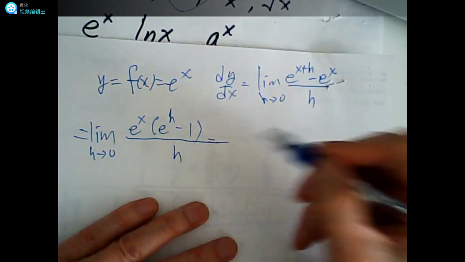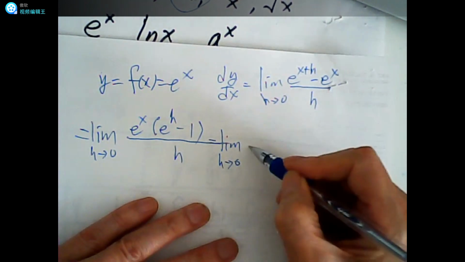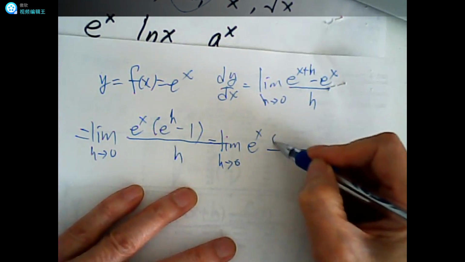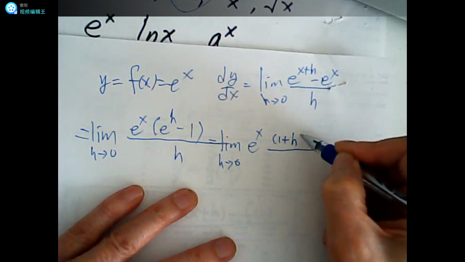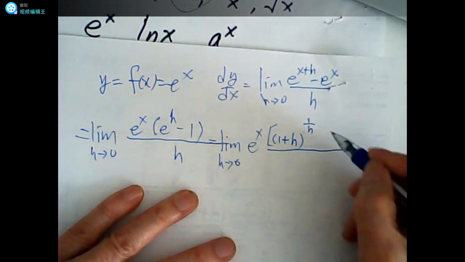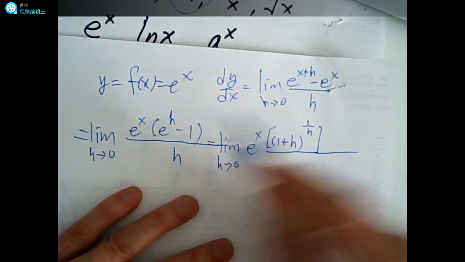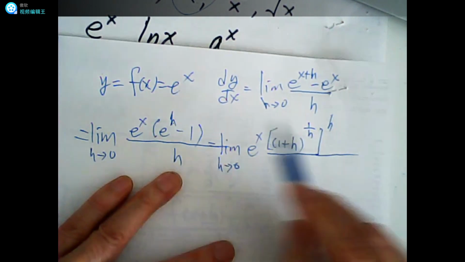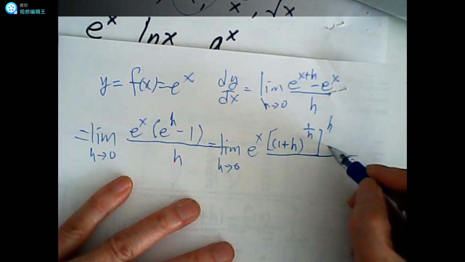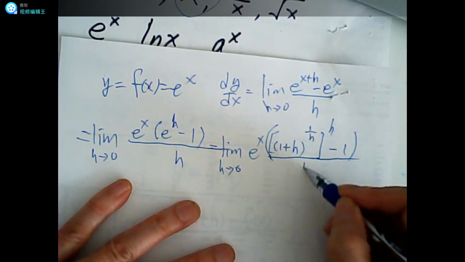All right, now I just did the definition of e, right? So this is e to the x. This e is (1 plus h) to the power of 1 over h, and that is e. And to the power h again. This h is this h. This e is this. Minus 1, right? Over h.